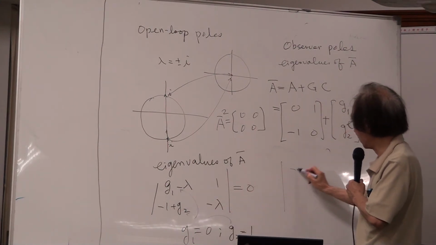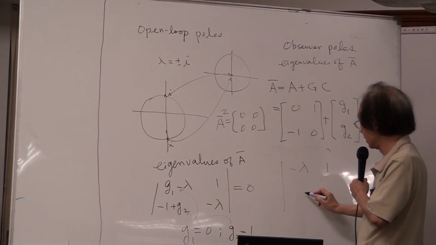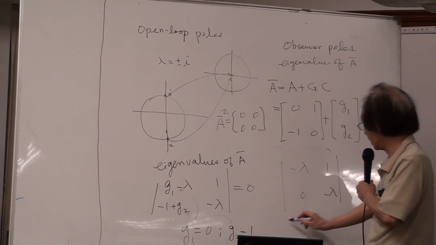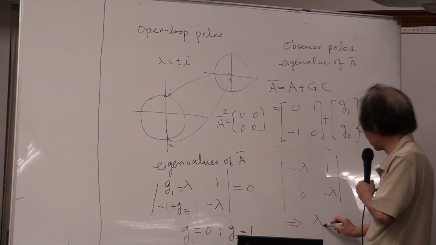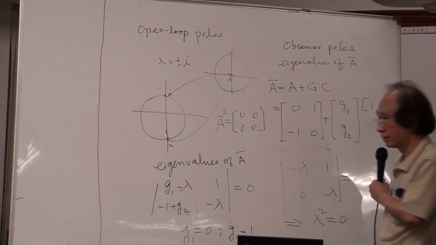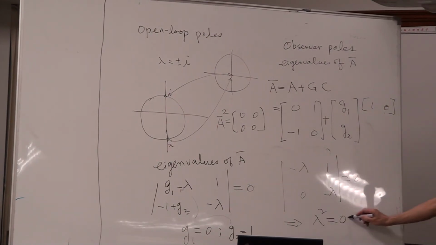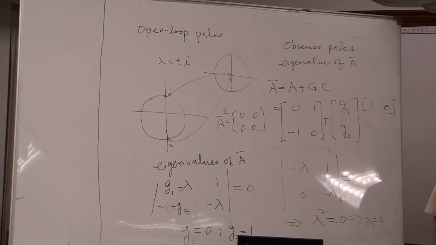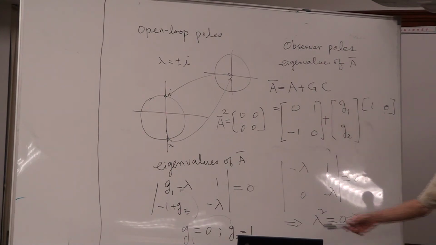That means I have lambda, 1, 0, minus lambda equal to 0. That implies lambda squared equal to 0, so lambda equal to 0. That's the solution.